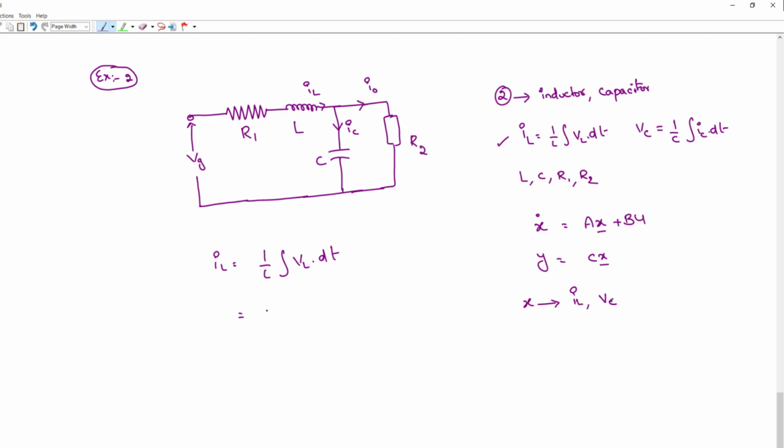Now, 1 by L. What is the voltage drop across this?